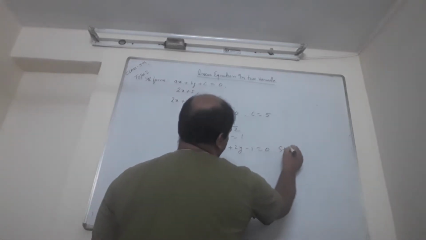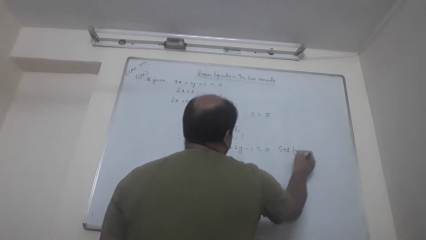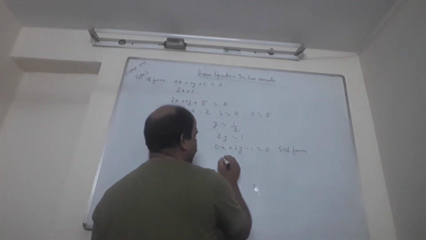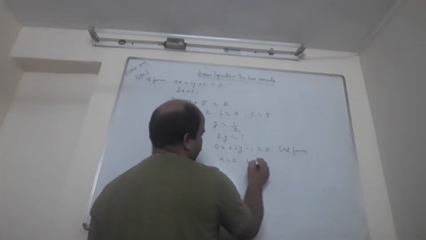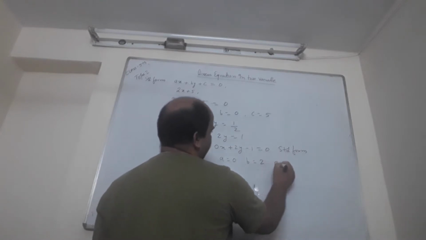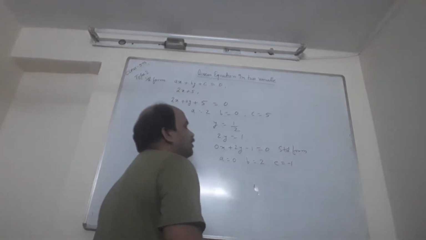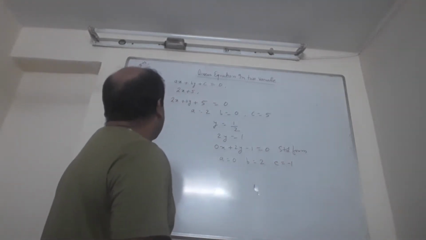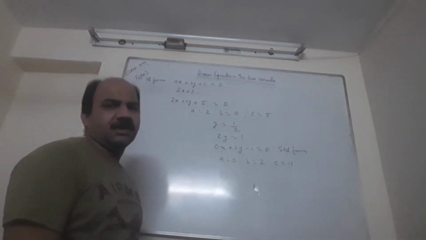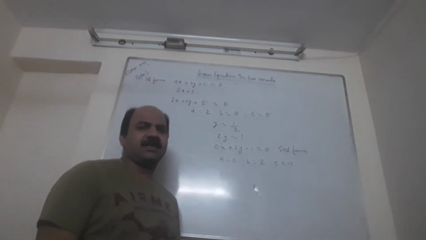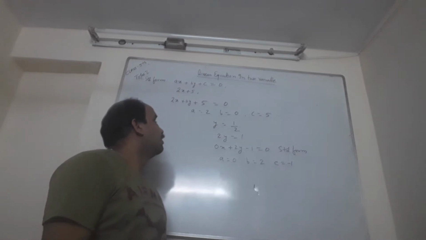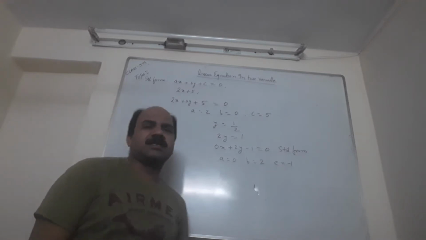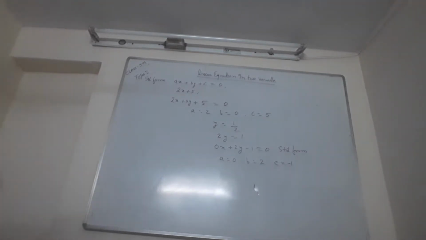That is the standard form. Then we can write the values a equal to 0, b equal to 2 and c equal to minus 1. This is the first type of question, in which we are required to find the standard form of the given equation as well as the values of a, b, c.